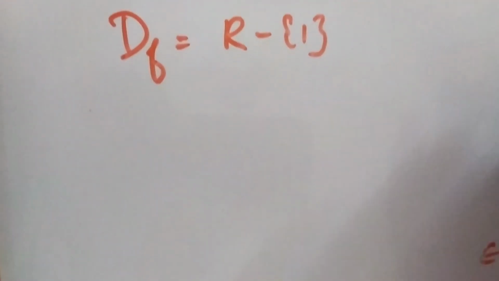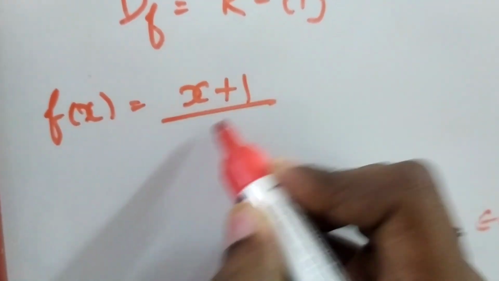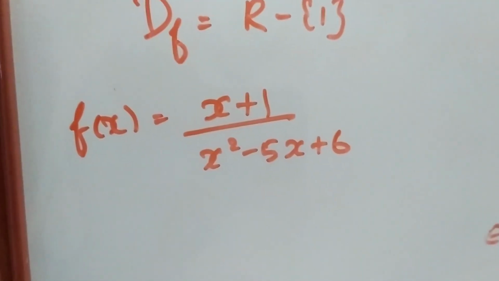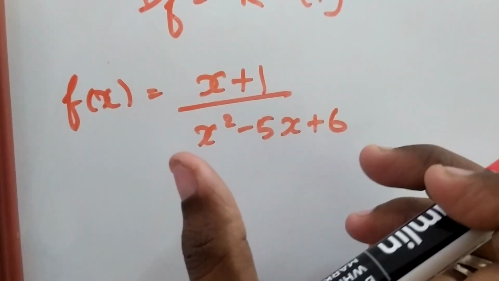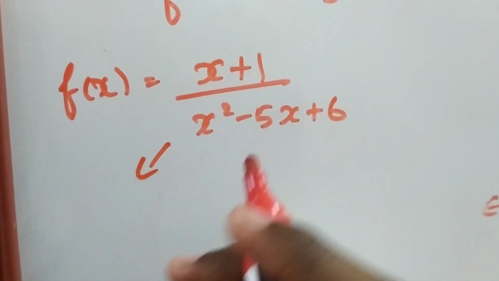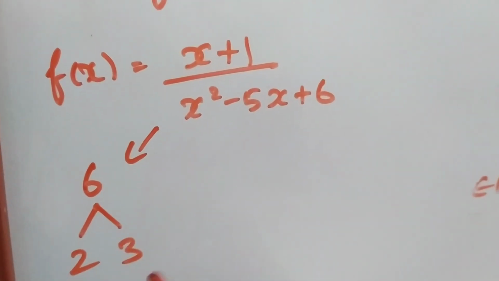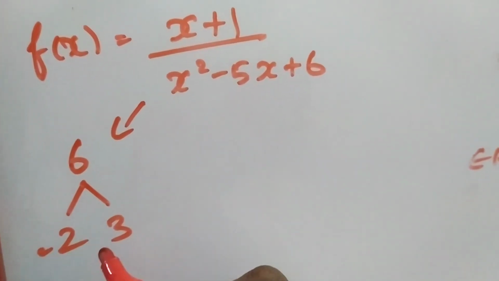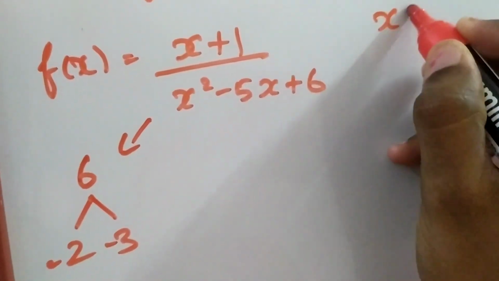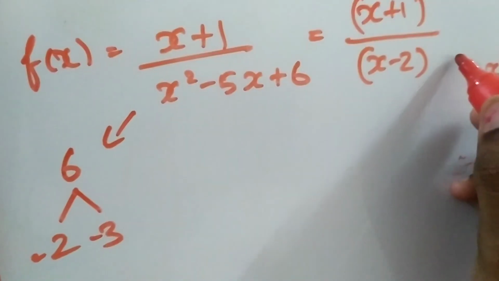Then we are going to see f of x is equal to x plus 1 divided by x square minus 5x plus 6. Here the denominator is a square, so we can factorize it: 6 is 2 into 3, and the sum is minus 2 minus 3. So I can write this as x plus 1 divided by x minus 2 into x minus 3.